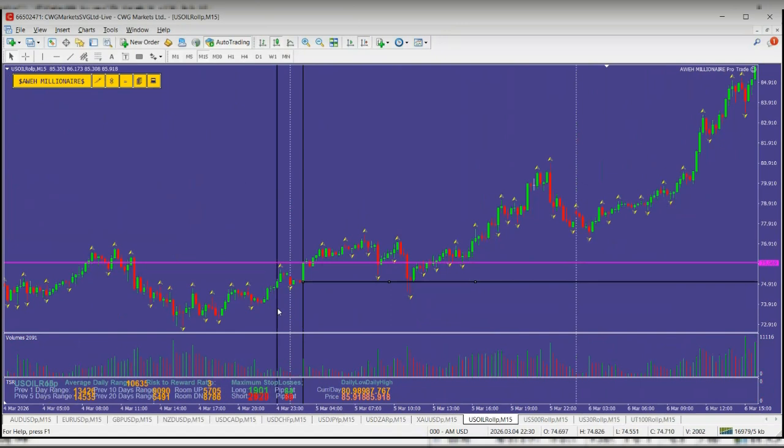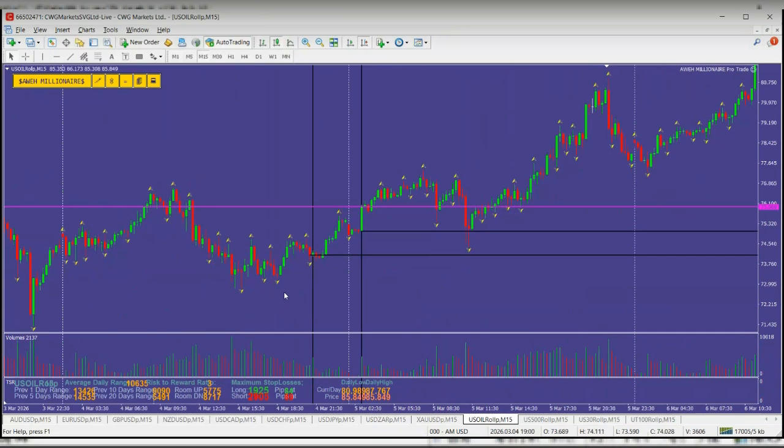And since I'm here, let me identify any other potential levels, which is this one over here, and this one over here, which is the zone. Okay, so this will be another zone over there of focus.